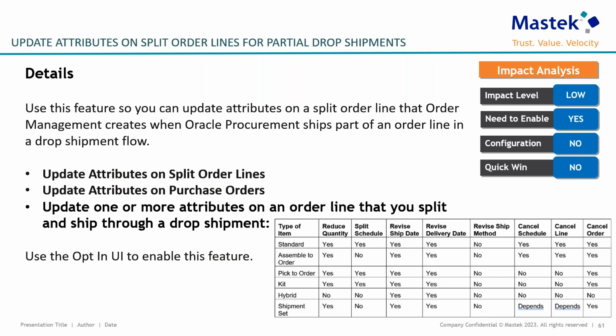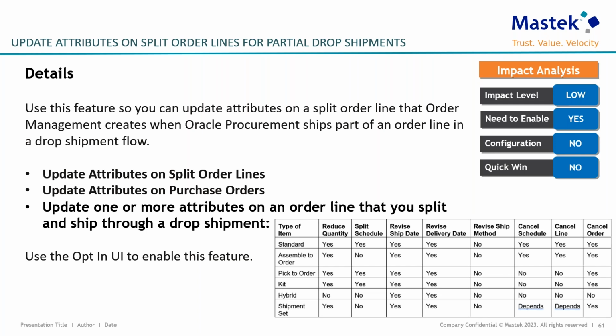With this feature, we can update the attributes on a split order line in the orders when Oracle procurement ships part of the order lines in a dropship shipment flow. We can update the attributes on purchase order lines, and update one or more attributes on an order line that has been split and shipped through the dropship shipment.